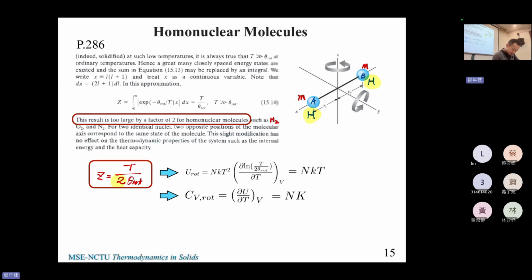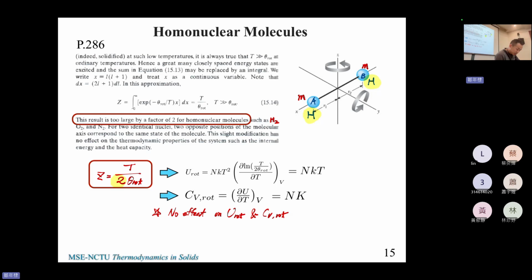这什么东西啊？等我一下啊。Okay, so now you see the textbook said for the homonuclear molecules, even if you have the half Z, your U and CV won't be affected. But I think this is really bad explanation. It said no effect on U rot and CV rot.